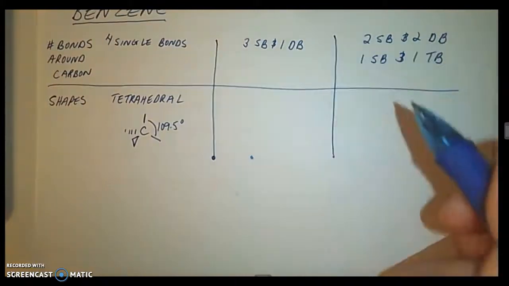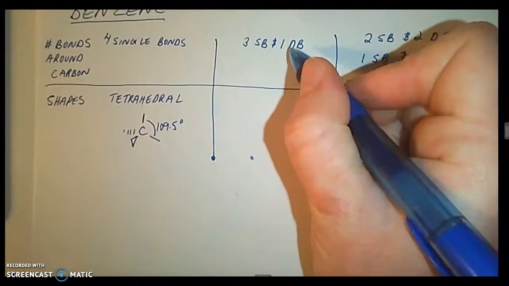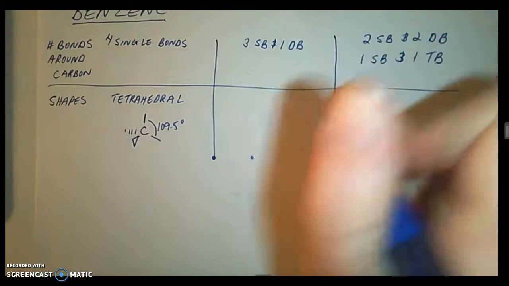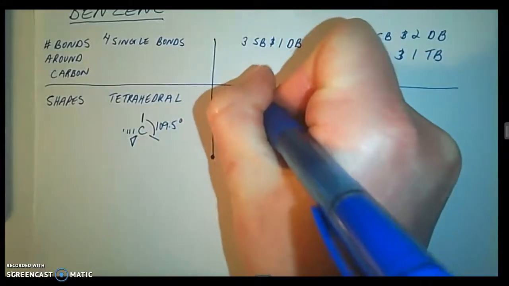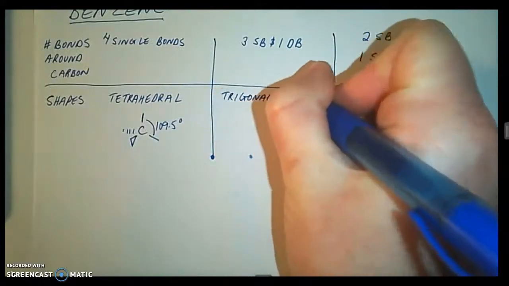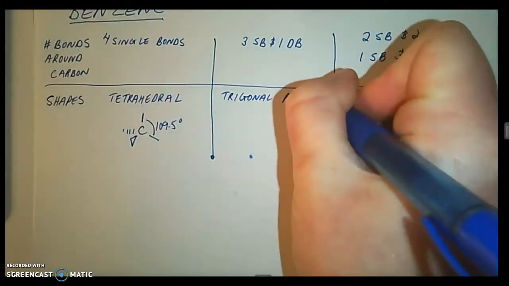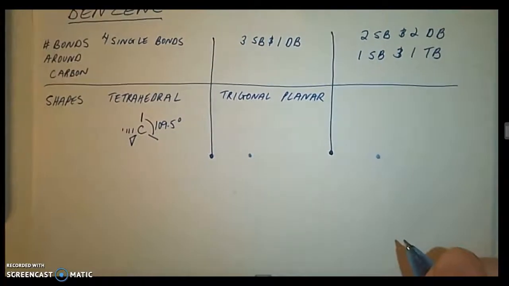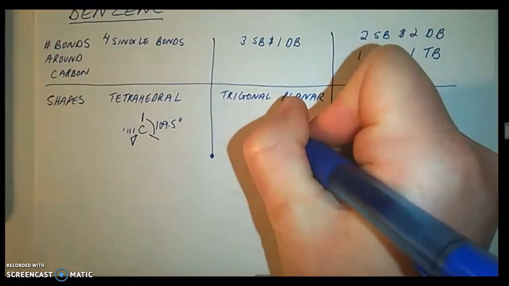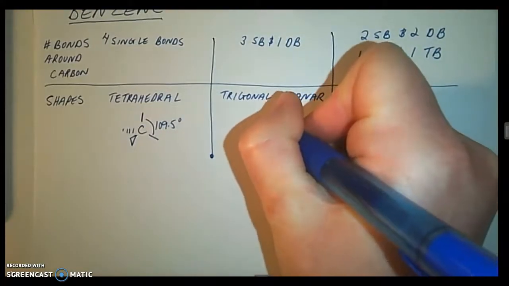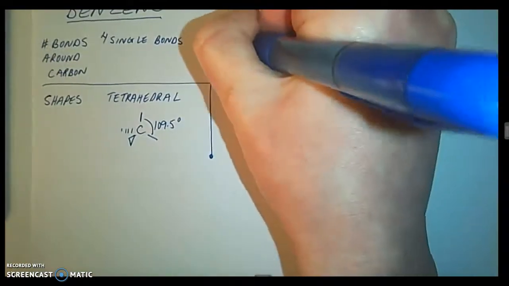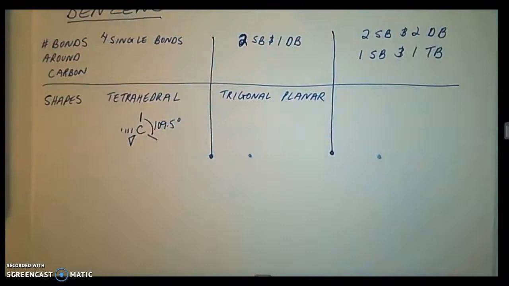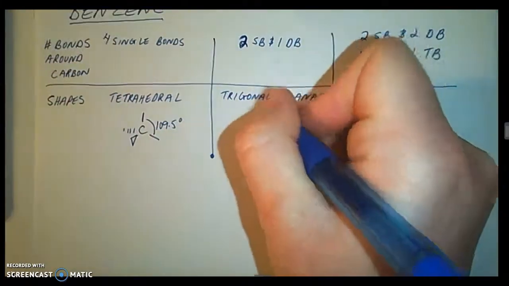Now our second scenario is 3 single bonds and 1 double bond, and that makes the shape called trigonal planar. Hopefully you remember this a little bit from your VSEPR theory stuff in topic 4. I guess this would be considered 2 single bonds and 1 double bond, which is a better way to describe it.